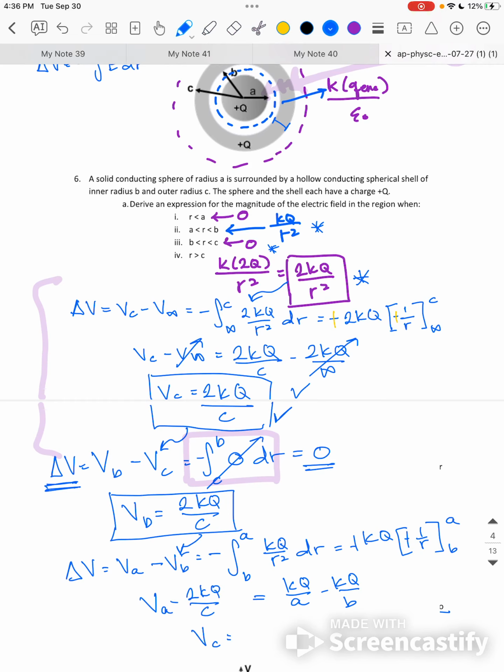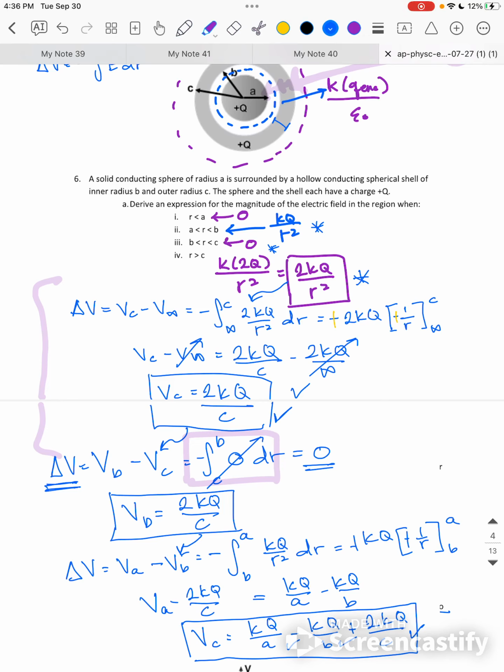So VA is actually kQ over A minus kQ over B plus 2kQ over C. And that is the final potential at A. It's not pretty, but it accounts for all the different electric fields that this charge has to go through. If you have any questions, go ahead and email me or see me in class.